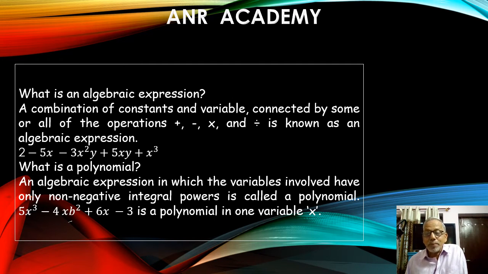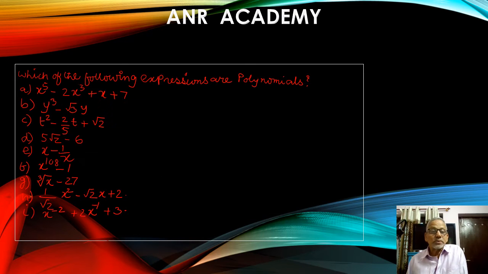So a polynomial should have a number of terms in which the variable has non-negative integral powers. Clear?